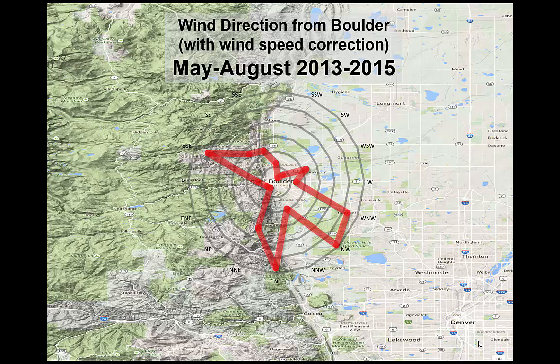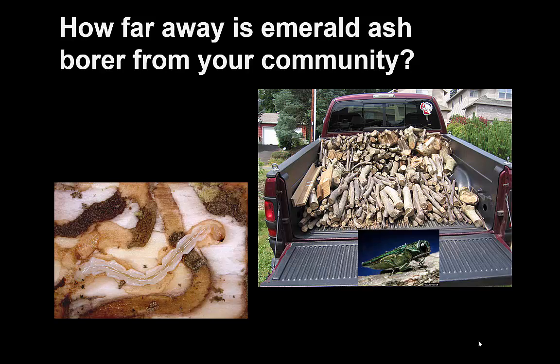So wind direction patterns in that area indicate that, on its own, this insect will likely move most readily to the southeast rather than to the northeast.